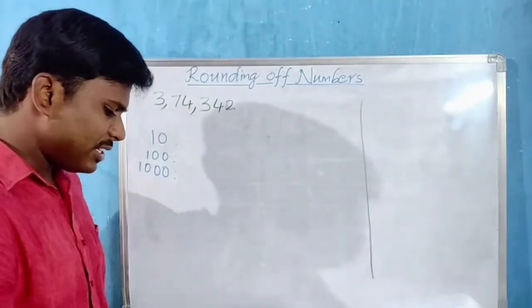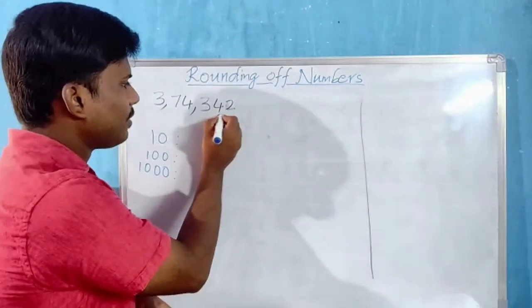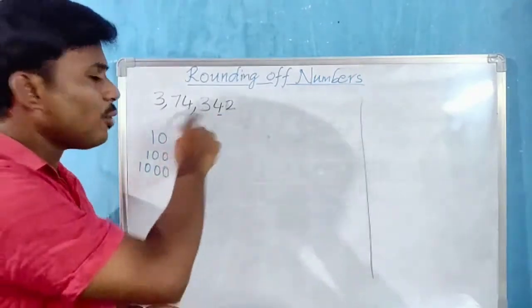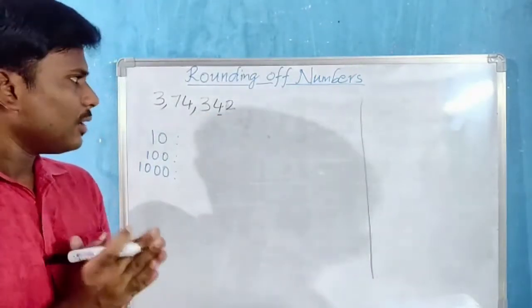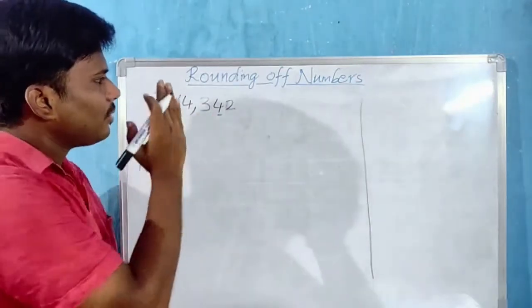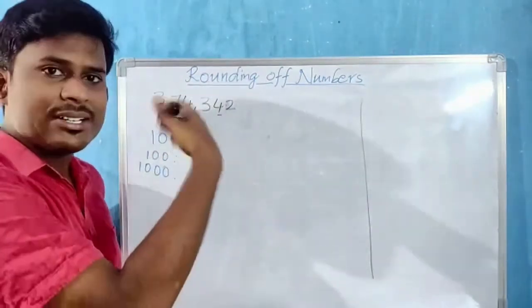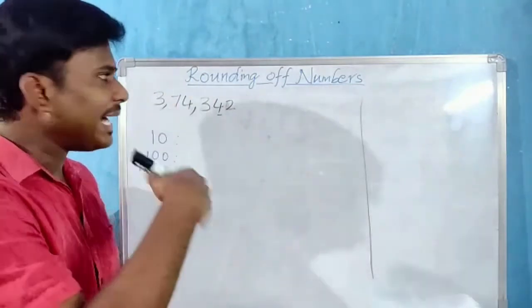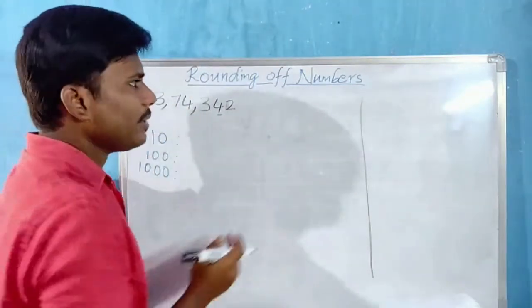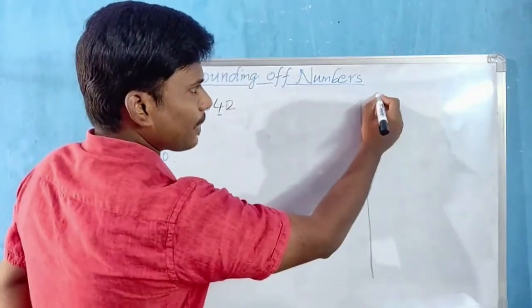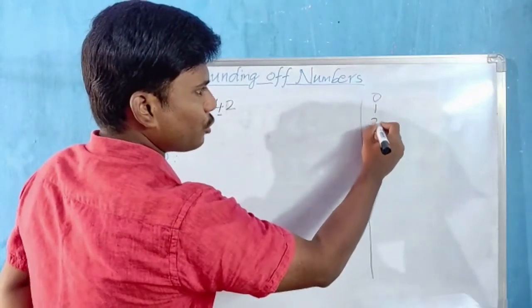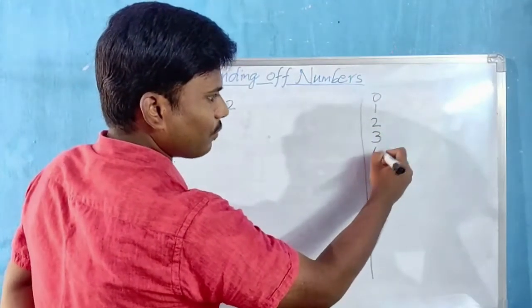So what is our tens place now here? This is our tens place. This is the rounding digit. Okay, rounding digit. The right digit to the rounding digit, if it is like this, 0, 1, 2, 3, 4.